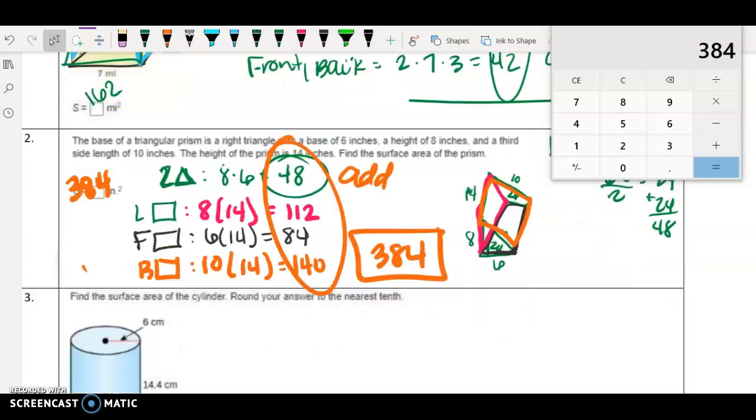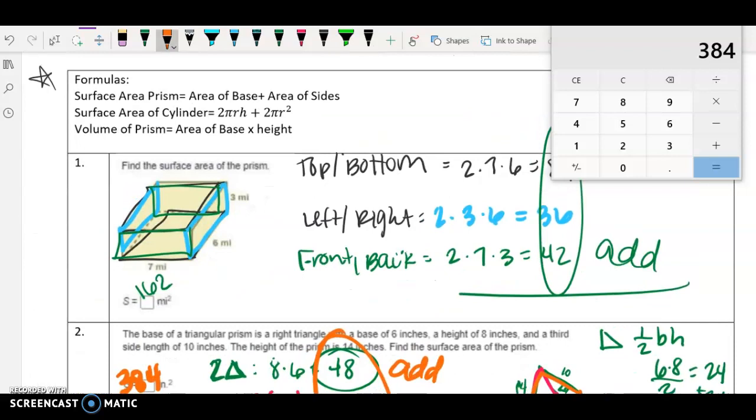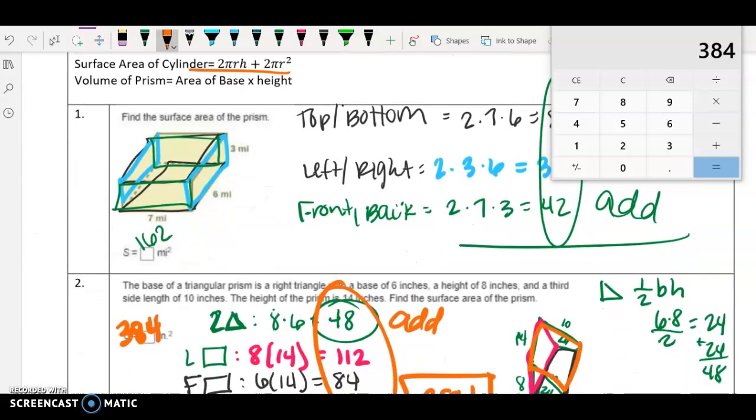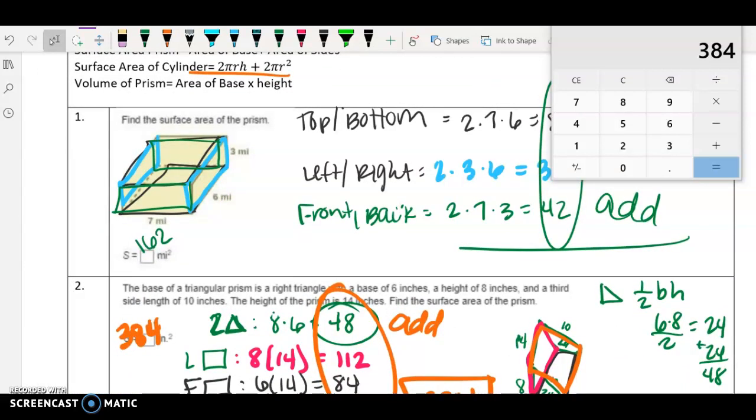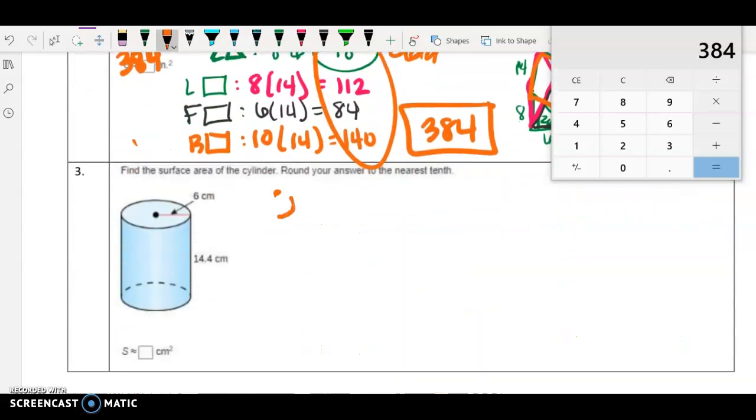So again, 384 is our answer. All right, number 3, find the surface area of a cylinder. So remember up here, it says the surface area of a cylinder is 2 pi r times the height plus 2 pi r squared. So first we need to find the area of our 2 circles. So we have 2 circles, and our circle is 2 times pi r squared.